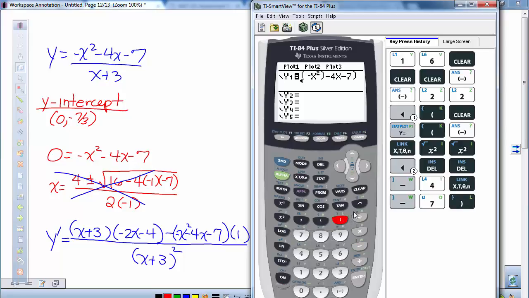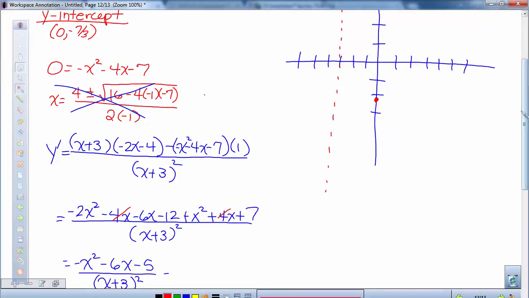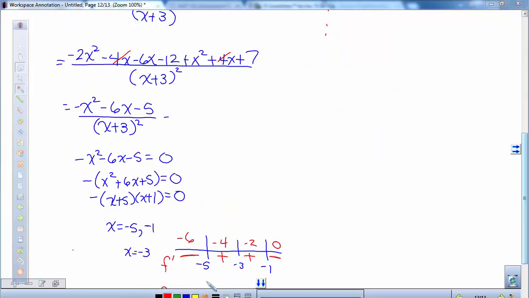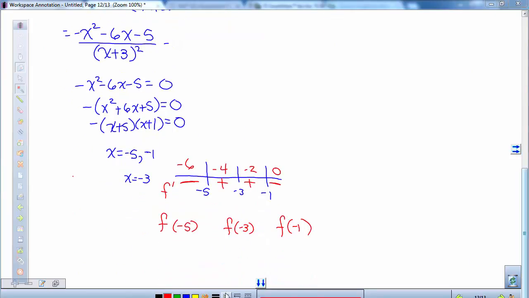Okay. All right. Okay, 6 for -5. -1 gives you -2. And then f of -3 is what? Oh, that's right. That's where we have our asymptote. Okay, so very good. Okay, so then I would plot these points. We got -5, 6, and -1, -2.